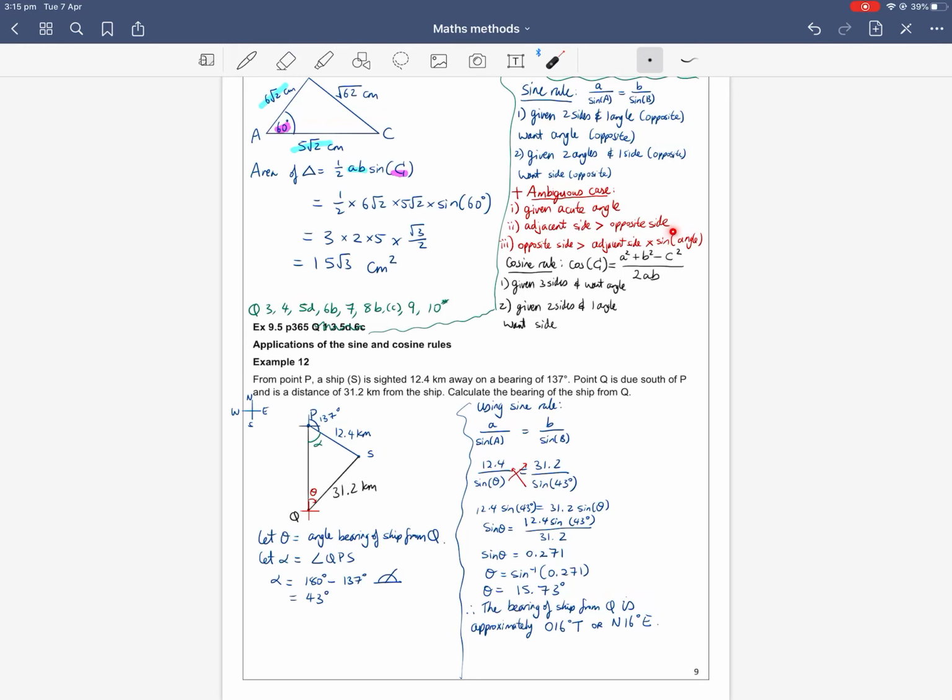Your second condition is that your adjacent side is bigger than your opposite side. My adjacent side is 12.4, my opposite side is 31.2. That's not true, so that's all good. We don't have to work out the ambiguous case, but it's a good habit to always check whether you do.